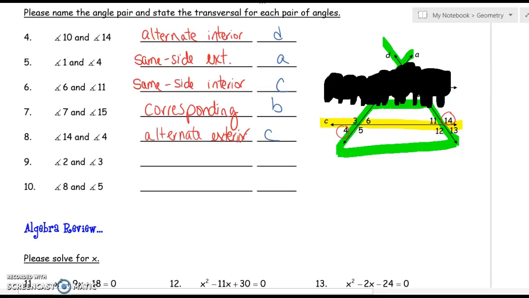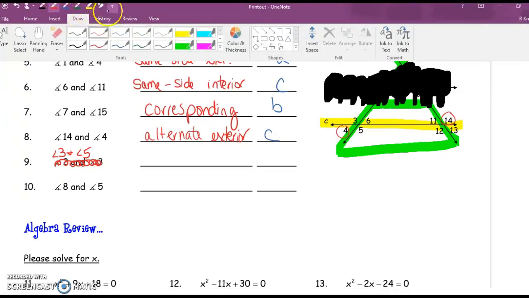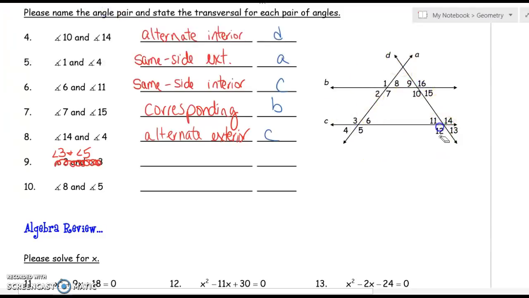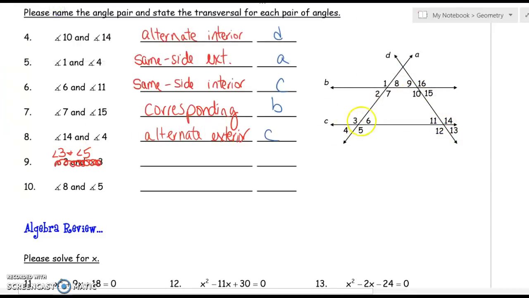Then we have 2 more that I want to do, but I'm going to change these ones on here. So the first one we're going to do is angle 3 and angle 5. Okay, so let's erase all this craziness. All right, so angle 3 and angle 5. If you look at angle 3 and angle 5, there technically are 2 lines that touch both of them.